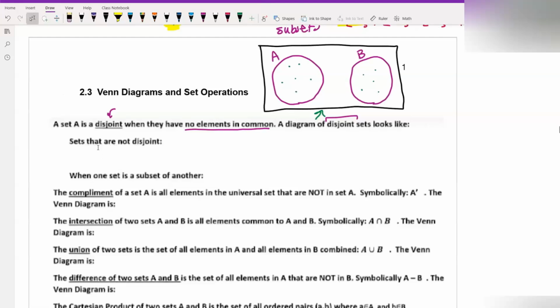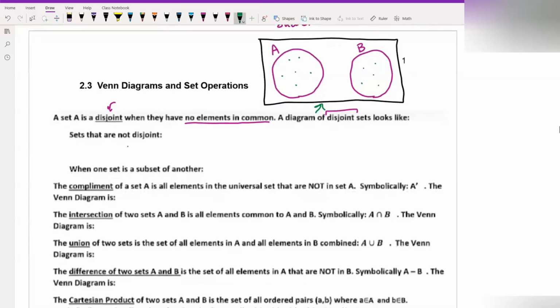Next one, sets that are not disjoint. I'm drawing a Venn diagram for this one.